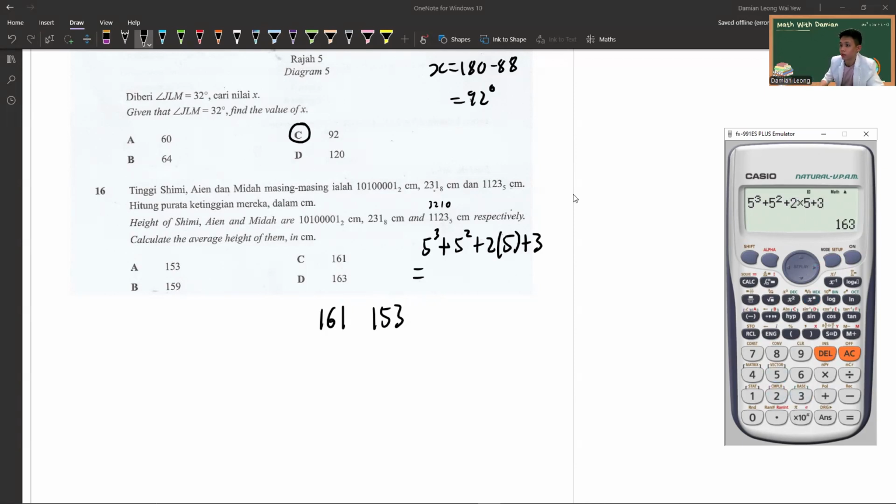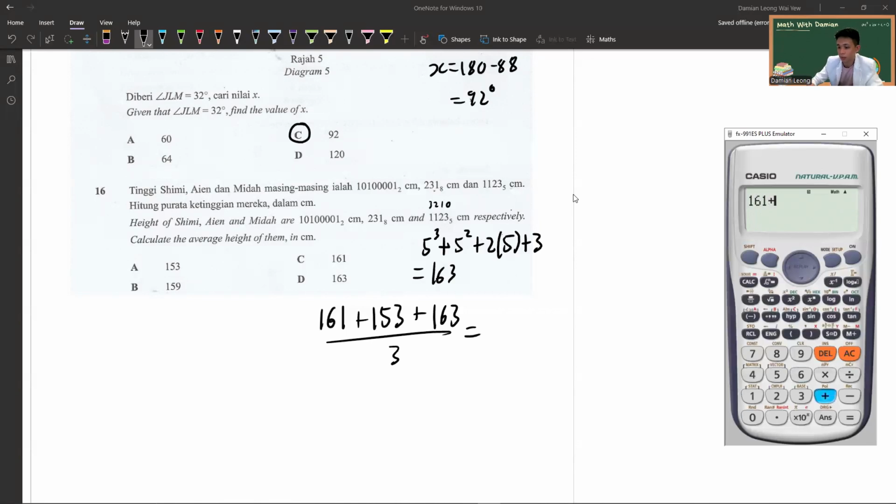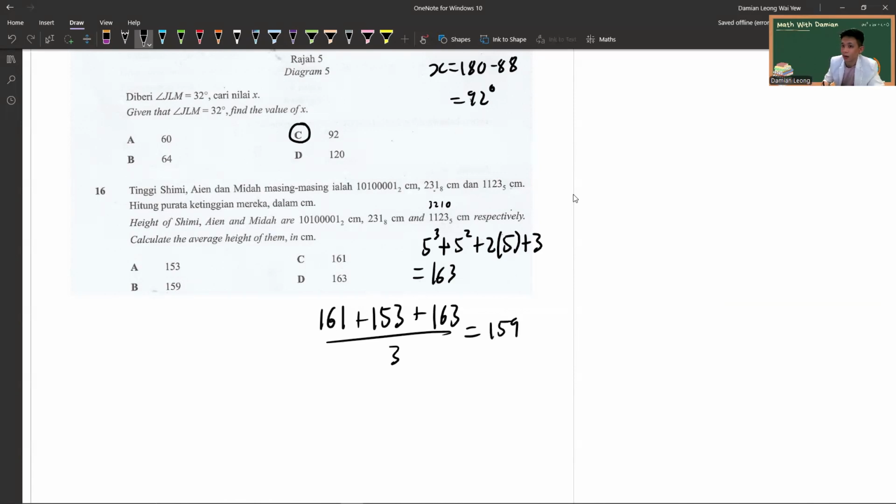We get 163. These three values, we add together and divide by 3. 161 plus 153 plus 163 is 477. Then we divide by 3, 159. Average height, 159 cm.